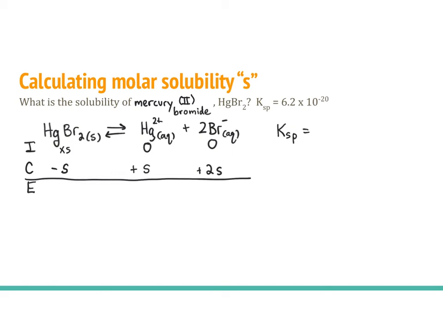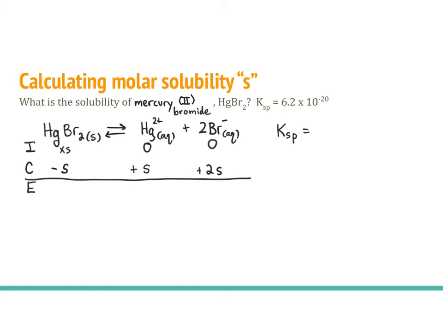So something to keep in mind here, we've been dealing with acid-base equilibrium recently, and all the coefficients are 1. We have to remember now that we can have coefficients with these salts that aren't 1. And so for every 1 mole of mercury bromide that dissolves, we get 2 moles of bromide ion. So our change line needs to be 2 times the molar solubility.